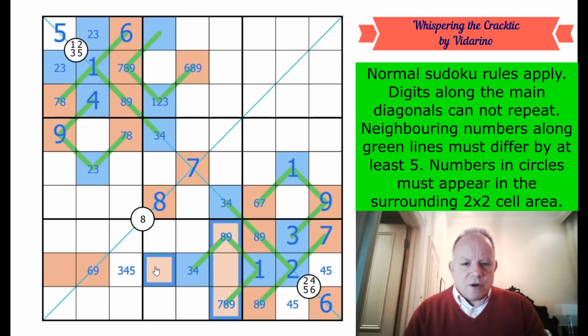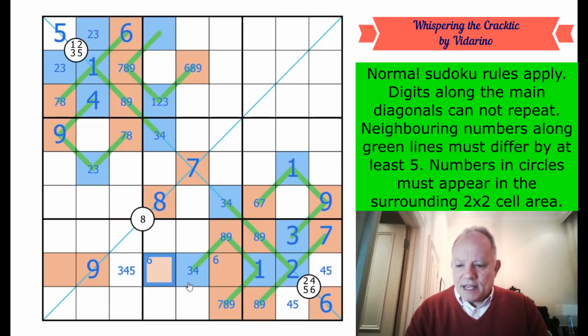Oh, I've got all 4 orange in box 4 now. So 6 has to be one of those two in box 8, not box 4. But because those two can't be 6, and we know where all the 4 high digits are, 6 must be one of those, and that now becomes 9.